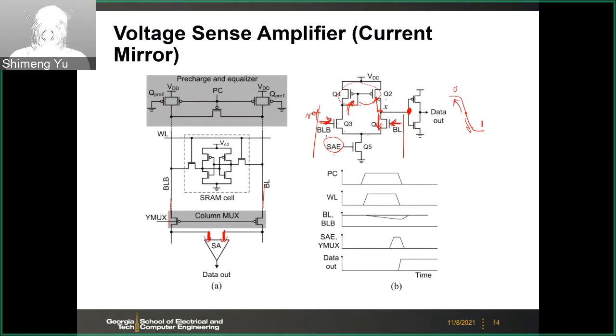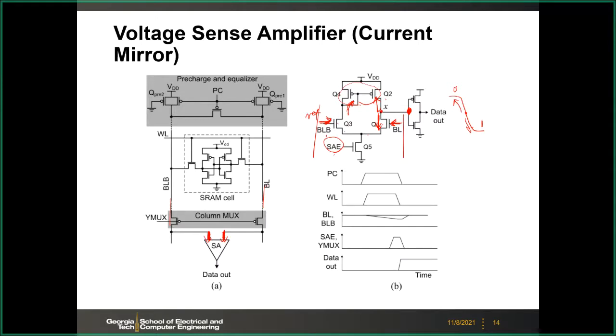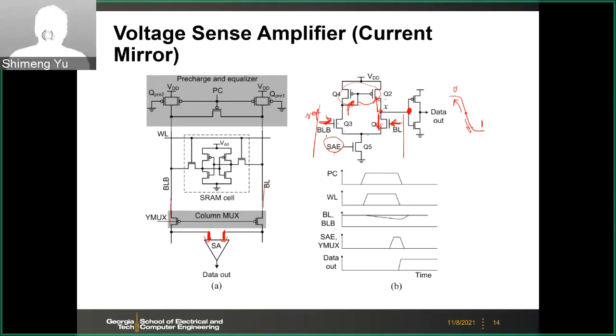Why is this voltage mode? Any idea? Why is this voltage mode? Because the signal goes to the gate of this transistor. And the gate, you know, in the DC mode, you should not pass current through the gate, right? The gate is MOS. So, as we just discussed, it's like an open circuit.